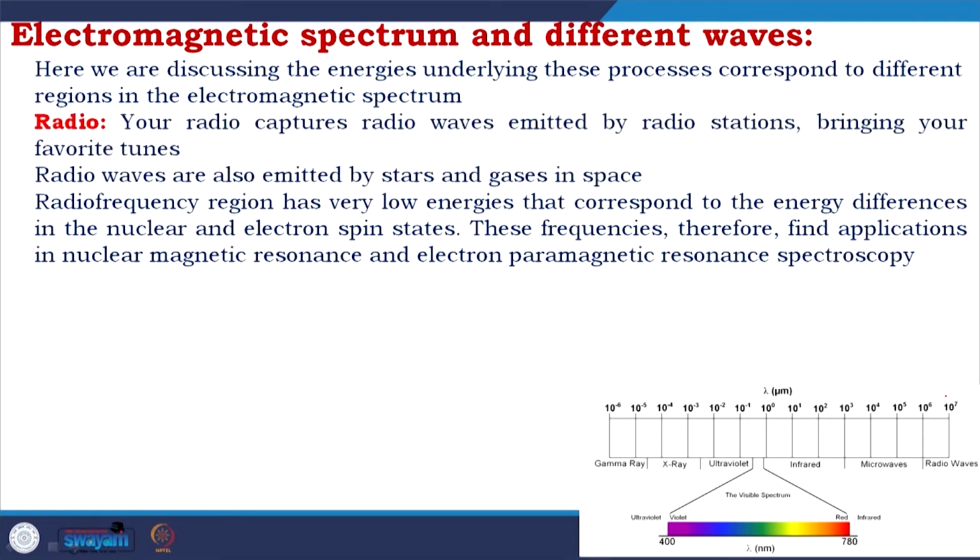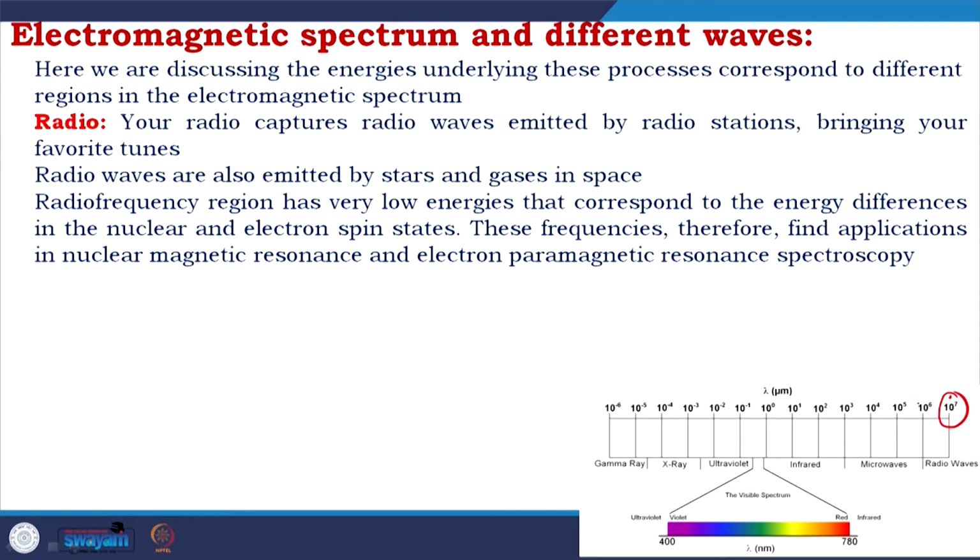If we start from radio, we know that we have radio which captures waves emitted by the radio station. So, radio waves are also emitted by stars and gases in space, and as you see they are very high wavelength.